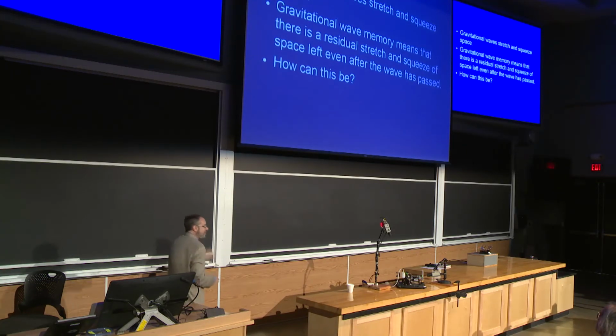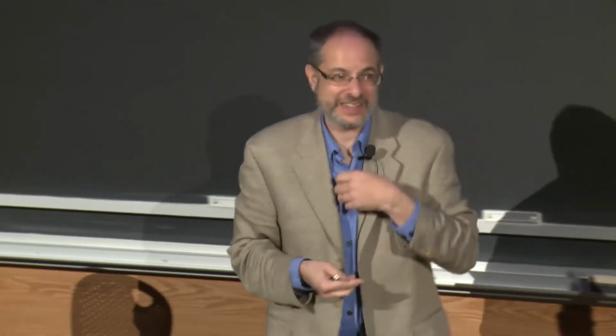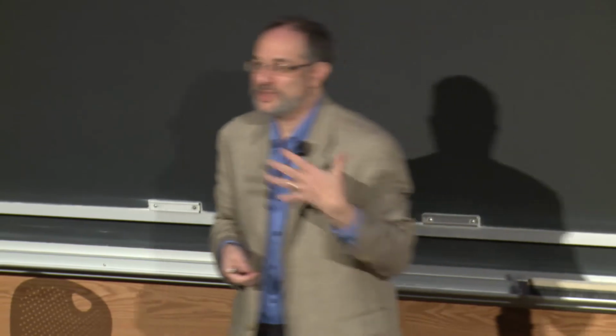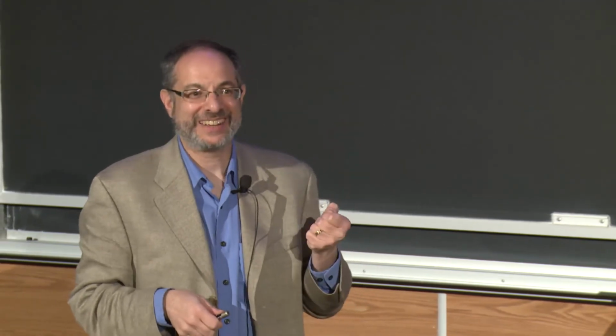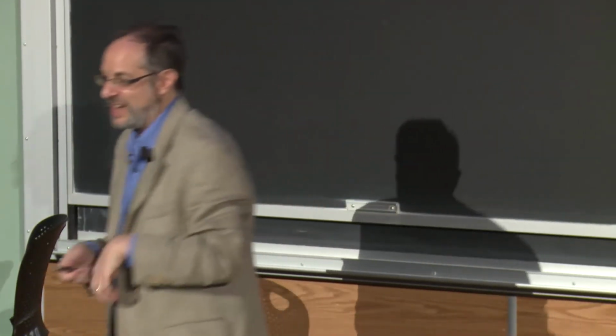So space gets alternately stretched and squeezed, and then the wave passes, and you would think that space would return to its old unstretched, unsqueezed state. But when I tell you that there's a gravitational wave memory, what I'm telling you is space doesn't do that. Even after the wave has passed, there's a residual stretch and squeeze of space that's still left.